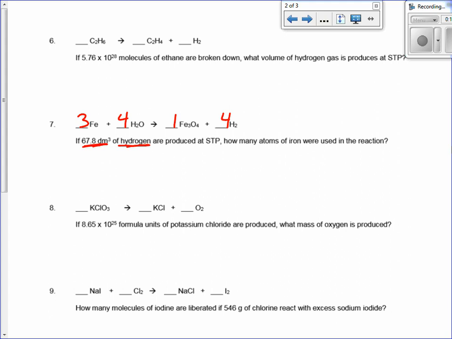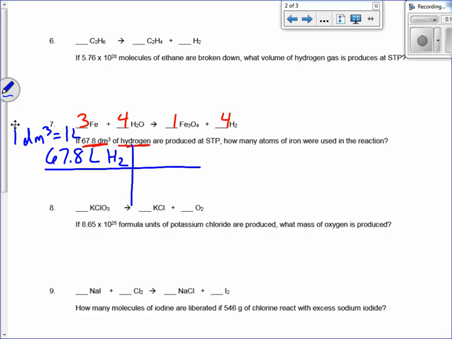Now, we're starting with 67.8 decimeters cubed of hydrogen. Now, what did it say on the front about decimeters cubed? 1 decimeter cubed equals 1 liter. So essentially, we have how many liters here? 67.8 liters. So that's what I'm going to start with, my 67.8 liters of hydrogen.